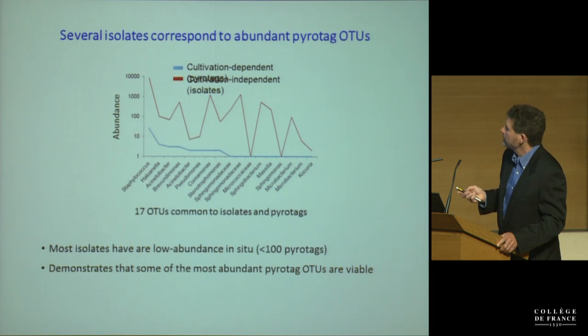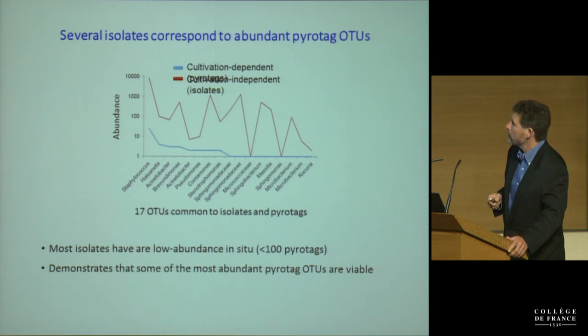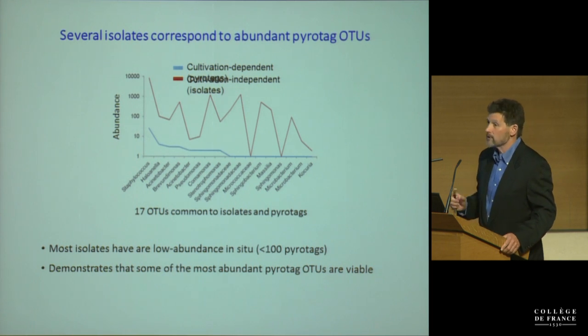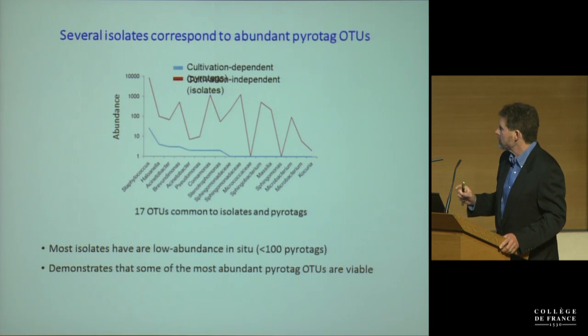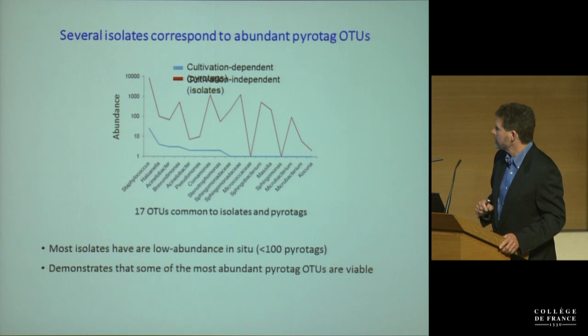And so basically, most of our isolates are actually corresponding to low abundance pyrotags, but several of them do correspond to pyrotags that are quite abundant. And so I think this is important in that it's demonstrating that some of the most abundant populations or OTUs that we find in the lung are viable.